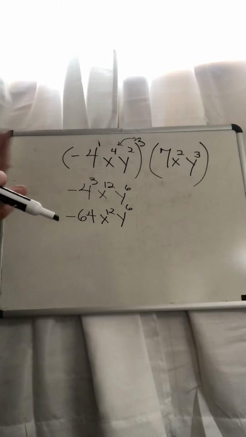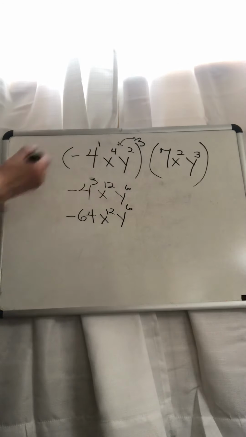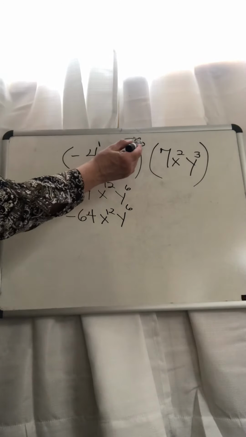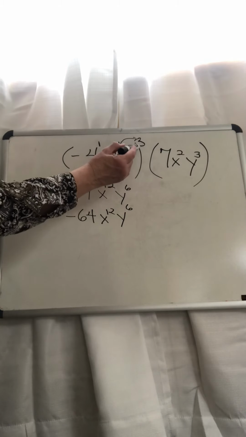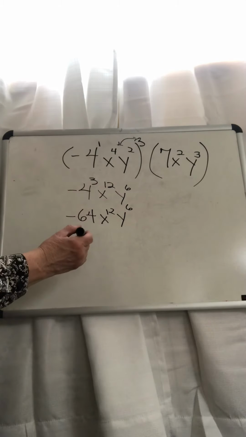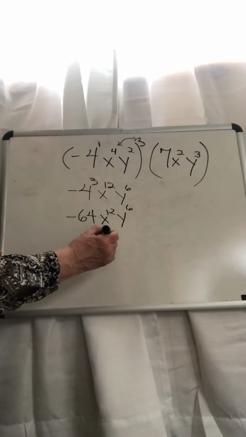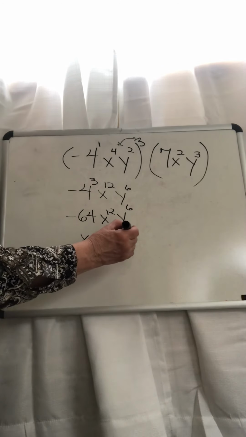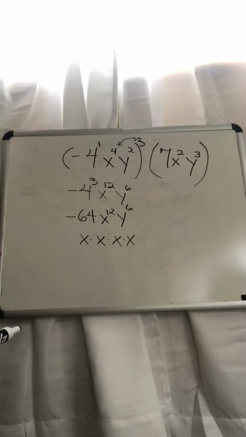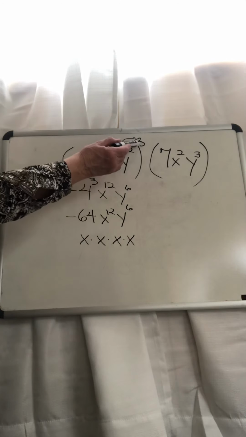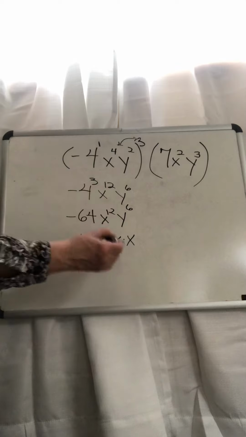Okay, I feel like I should give you a little further explanation of why we multiply when it's outside the parenthesis. Let's take a look at what this means when you're saying x to the 4th, which would be x times x times x times x. And when it's outside the parenthesis, there's 3 of these.